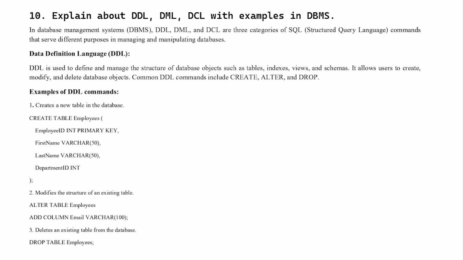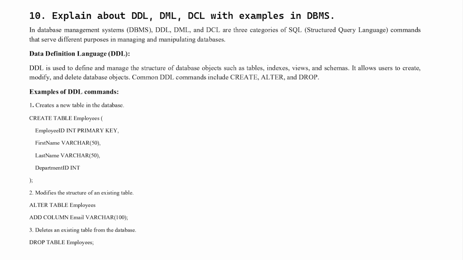Data Definition Language, DDL. DDL is used to define and manage the structure of database objects such as tables, indexes, views, and schemas. It allows users to create, modify, and delete database objects. Common DDL commands include create, alter, and drop.